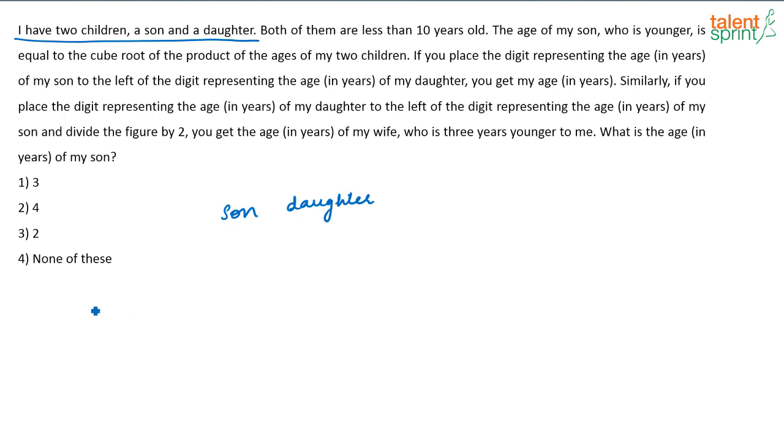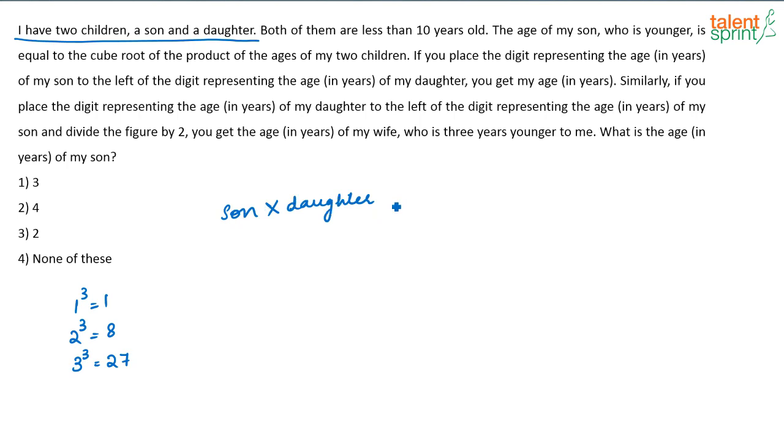Okay, see, you know 1 cube is 1, 2 cube is 8, 3 cube is 27. Mainly you will require only these three. Now what is given? There are two children. Product of their ages: if you multiply the ages of the son and the daughter, remember the age of the son and the daughter is less than 10 years.